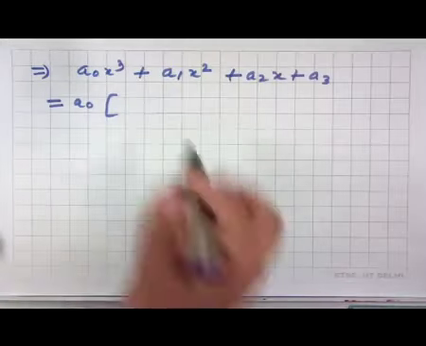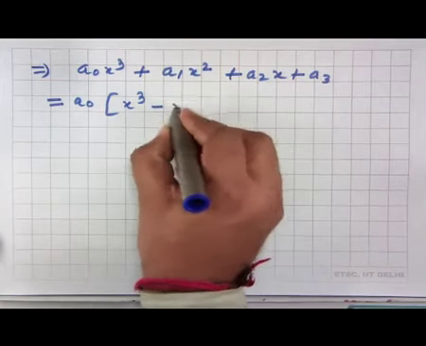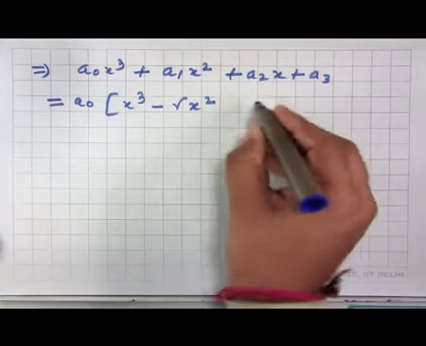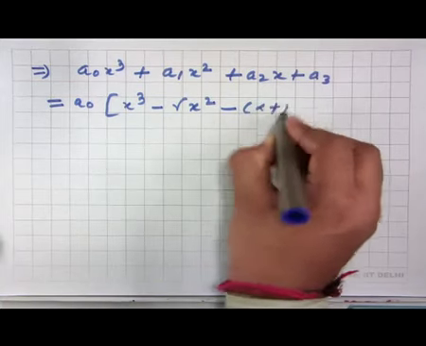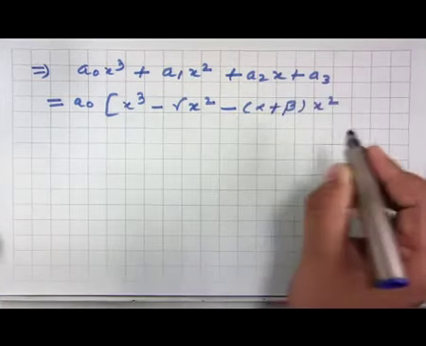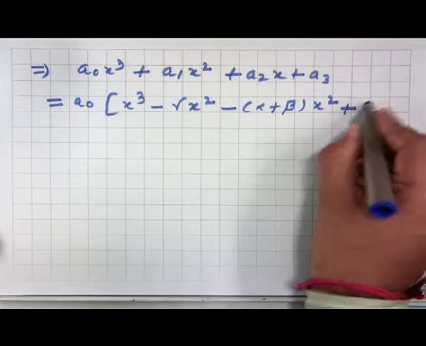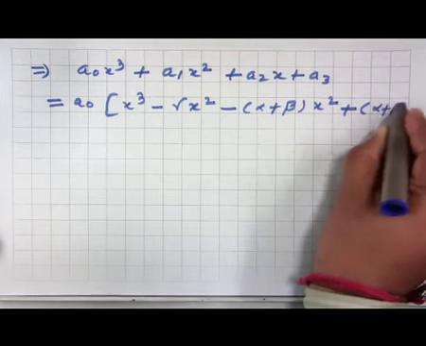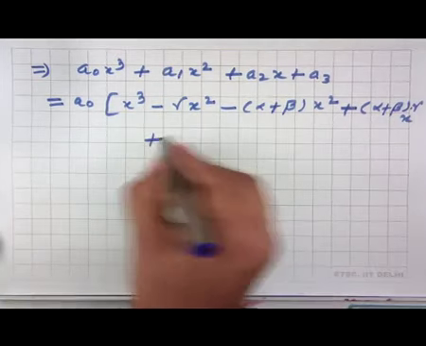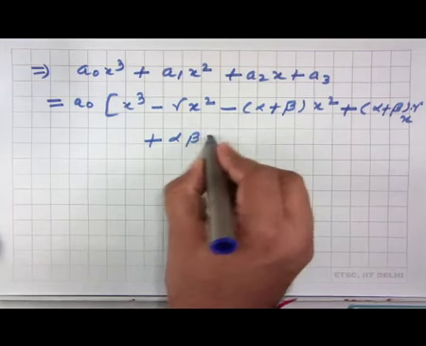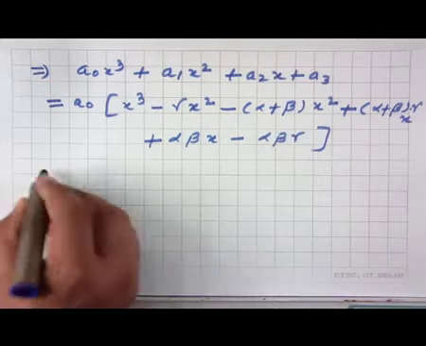It will be x³ − gamma x² − (alpha + beta) x², and minus times minus, it will be plus (alpha + beta) gamma x, plus alpha beta x, minus alpha beta gamma.